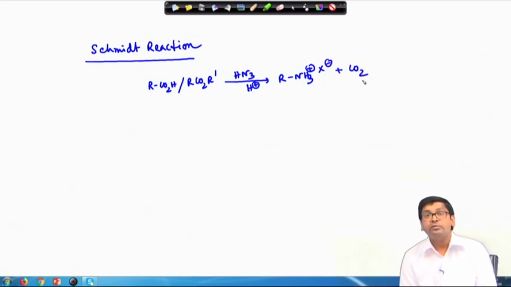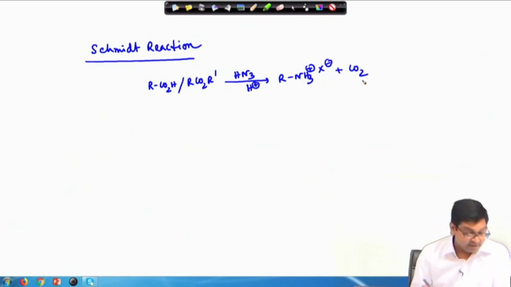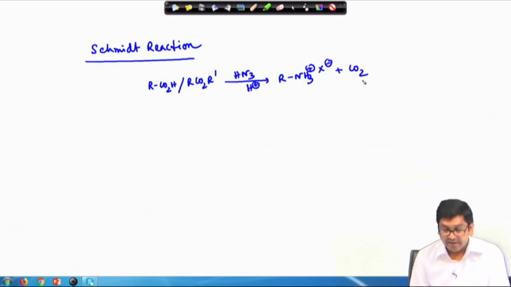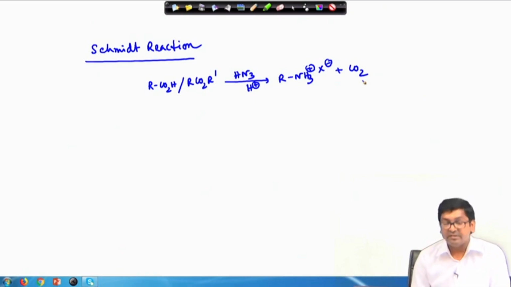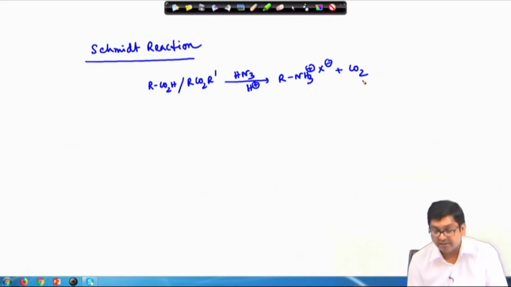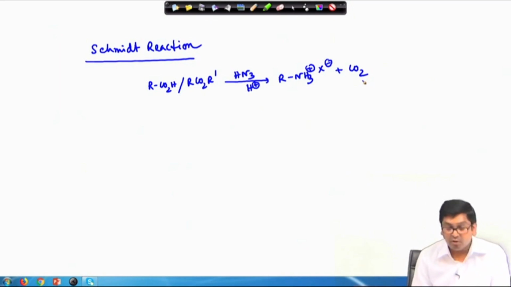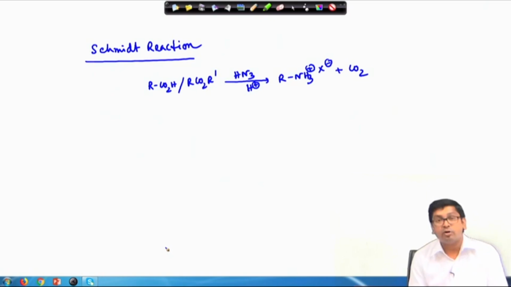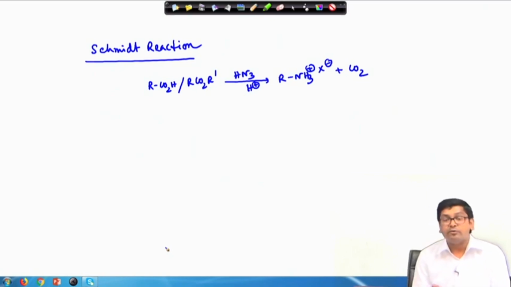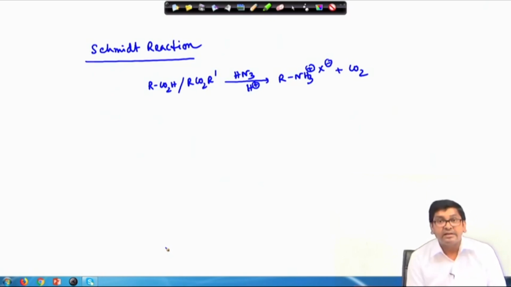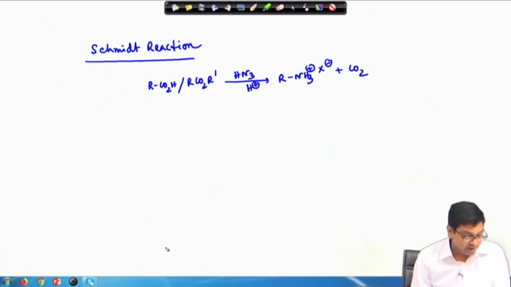So we can see that carboxylic acid in presence of hydrazoic acid gives the corresponding amine and carbon dioxide. So this is the overall Schmidt reaction.